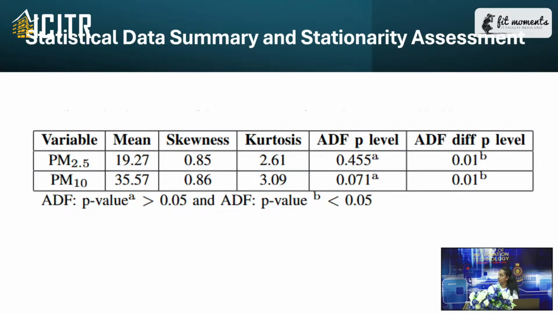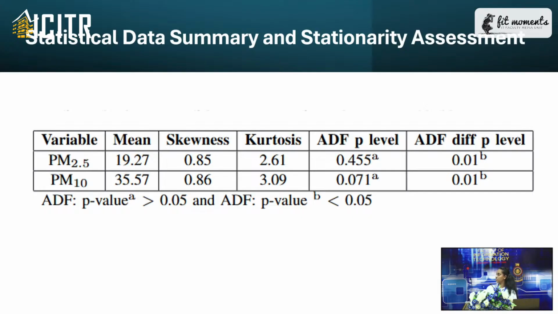Considering the p-values from the ADF test, both p-values are greater than 0.05. That means our original data set is not stationary. This confirms our previous time series plot results. After the first differencing, I again applied the ADF test, and as the last column shows, the p-value is 0.01.